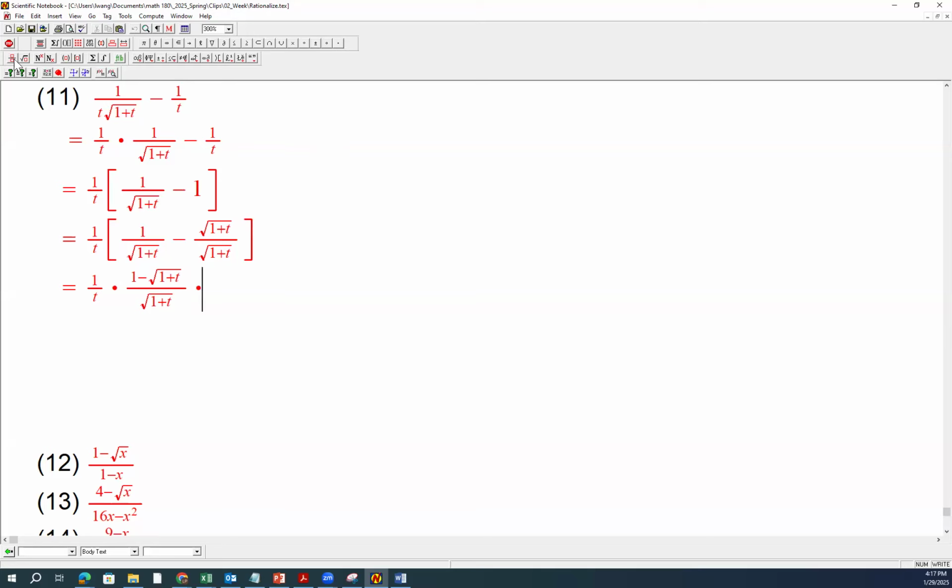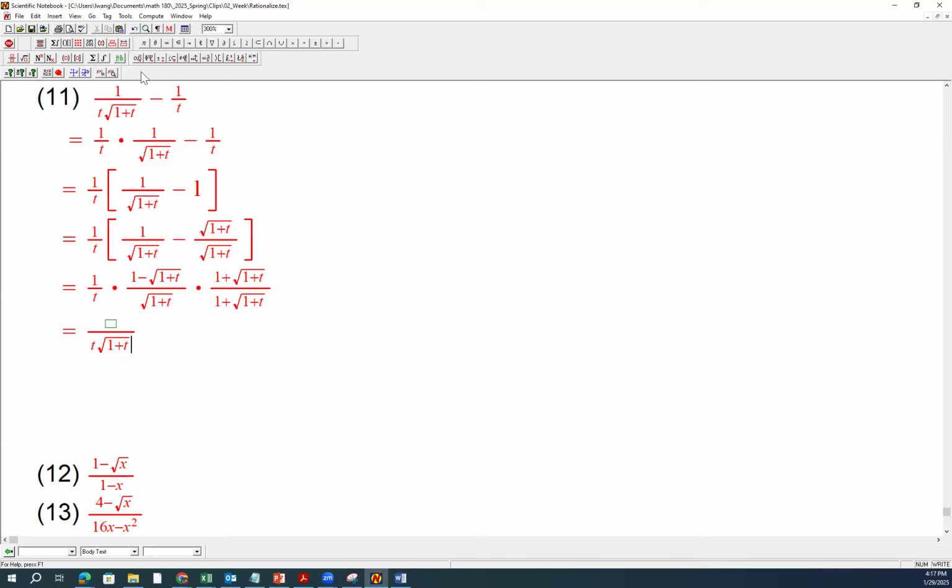Okay, so we're going to rationalize. It's going to be 1 plus root 1 plus t, the numerator the same as the denominator. We made 1, right? So we're trying to rationalize it. And this is the factor form. So now on the next step, we got t in the denominator, and we got root 1 plus t in the denominator, and we got this 1 plus root 1 plus t.